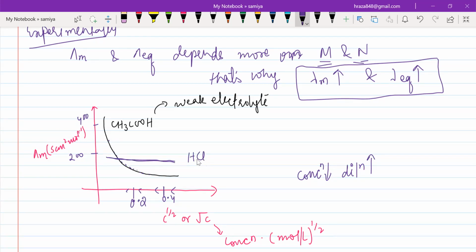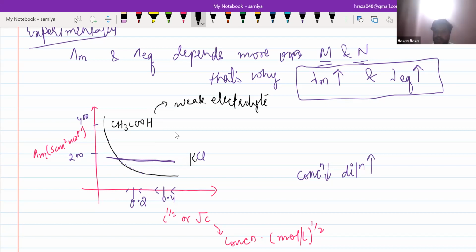The variation in a strong electrolyte is very small compared to the variation in a weak electrolyte, because in a weak electrolyte there will be production of new ions, whereas a strong electrolyte has already dissociated into 100% ions, and only the distance between particles will increase, so that they will move faster.